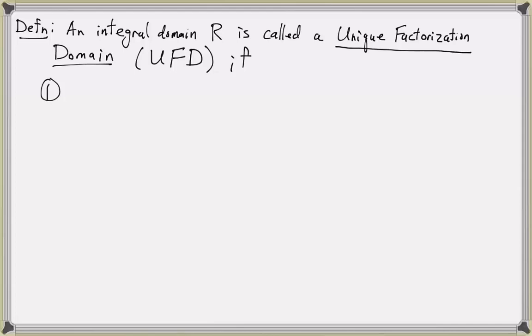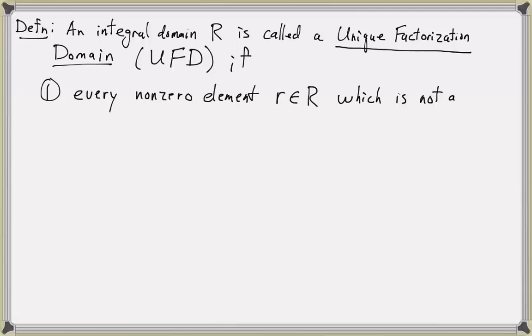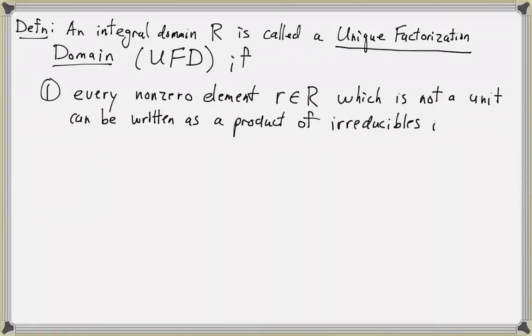If every non-zero element, call it little r in the ring, which is not a unit, can be written as a product of irreducibles in R. So we can factor every non-zero element that's not a unit into a product of irreducibles.